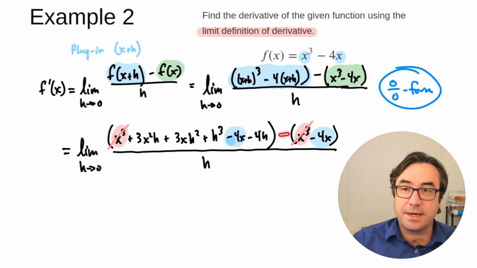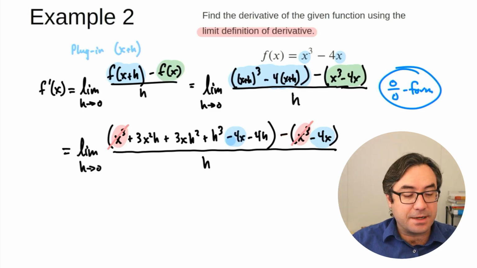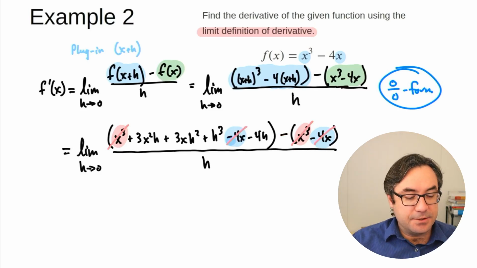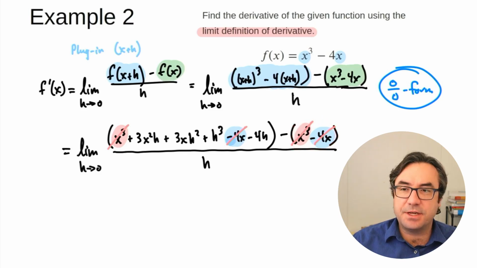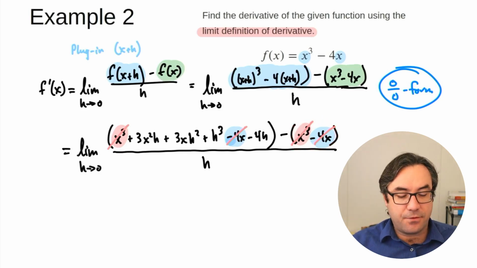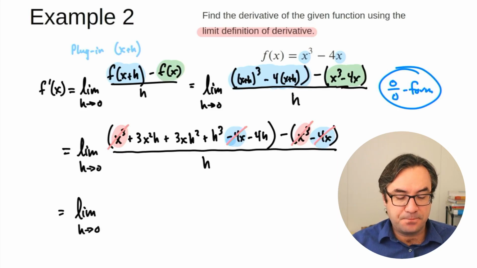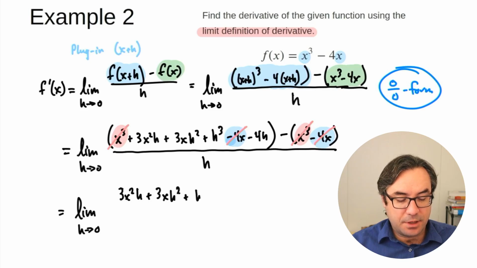We're subtracting, so those negative 4x's are going to cancel out. Once you get all this canceled, let's rewrite what we have for our fraction. We have the limit as h goes to 0, and actually we can drop the parentheses now. We have 3x squared h plus 3x h squared plus h cubed minus 4h, all over h.